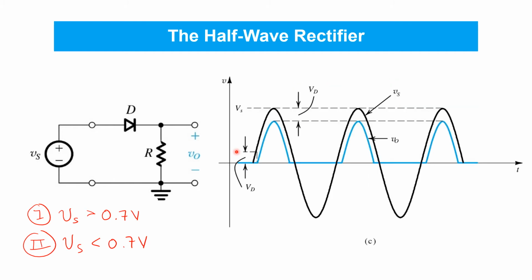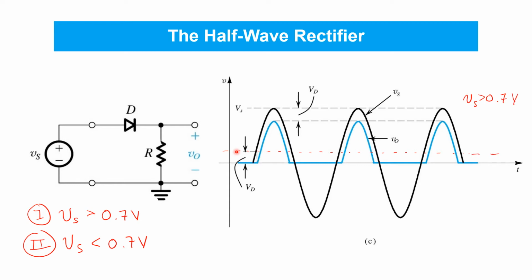When the half-wave rectifier is connected to the secondary winding of a power transformer, we know that the input Vs will be sinusoidal as shown here. And again, we can think about its operation in two modes, depending on whether Vs is greater than 0.7, that is above the red dashed line.